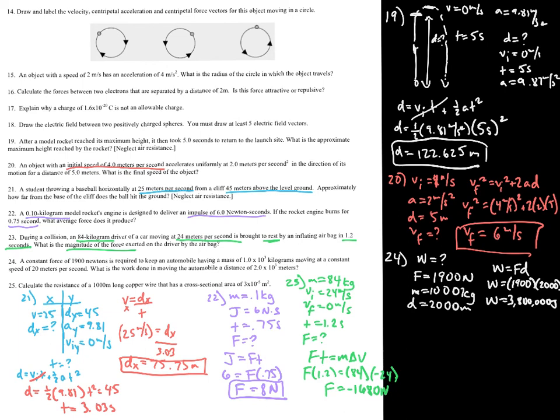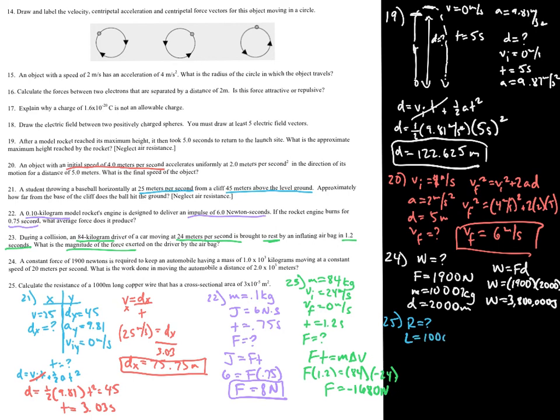And finally, our last question on this review. Number 25: calculate the resistance. So R is a question mark. We're looking for the resistance R of a 1,000 meter long copper wire.